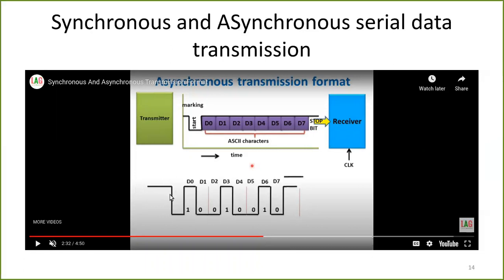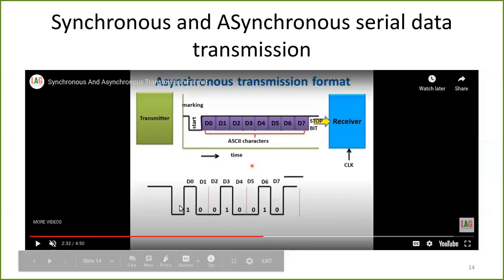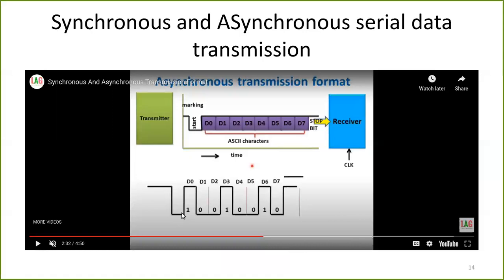Suddenly, once it goes low for one clock cycle, the receiver gets alerted that it will receive the data, a small space over here. This is called a start bit. Once the space is received, the receiver understands it's going to receive 1 byte of data.